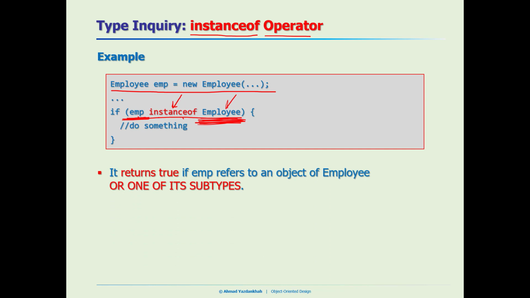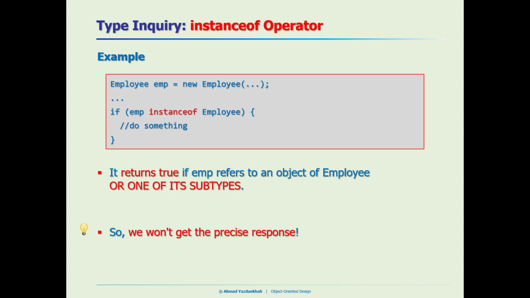So if the employee variable is really of type Manager, this if statement returns true as well. That's the problem. So this is not the precise response that we expect.